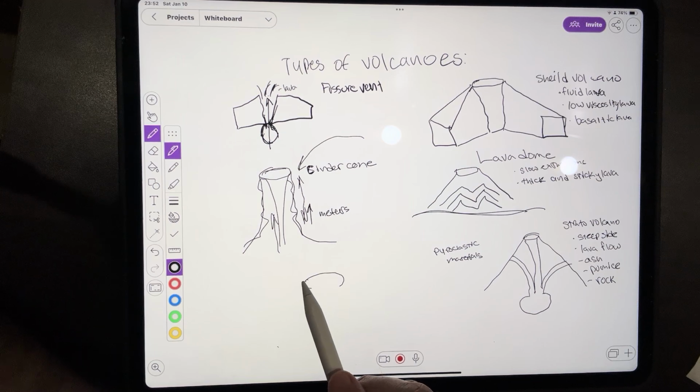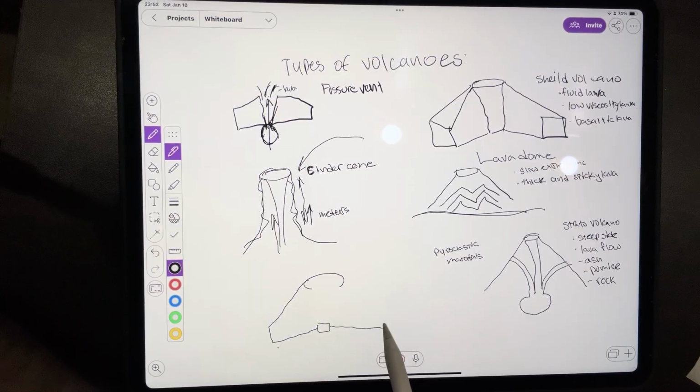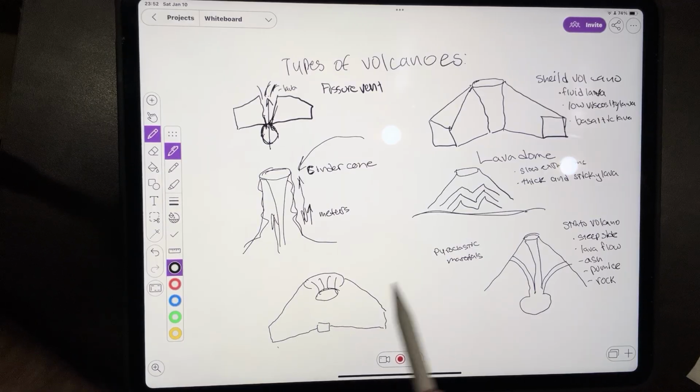So basically it's round, kind of has this form, and then typically this one has sometimes water or like a magma chamber on top.